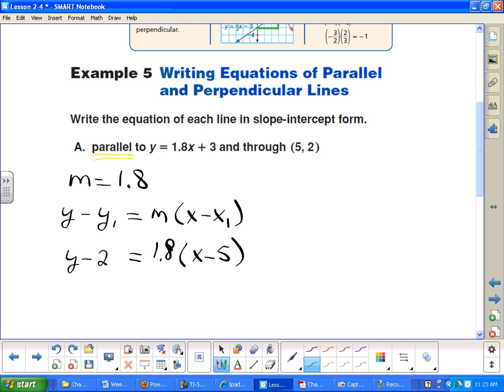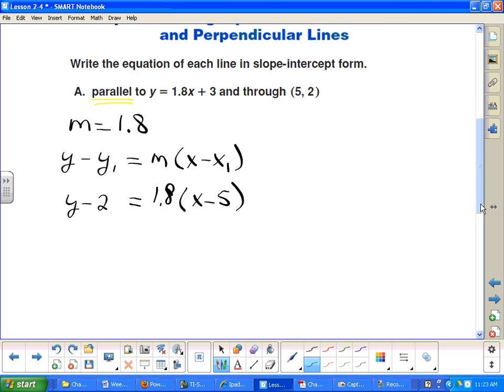And solve for y. Okay. So the line parallel to it that goes through the point (5, 2) will be y equals 1.8x minus 7.